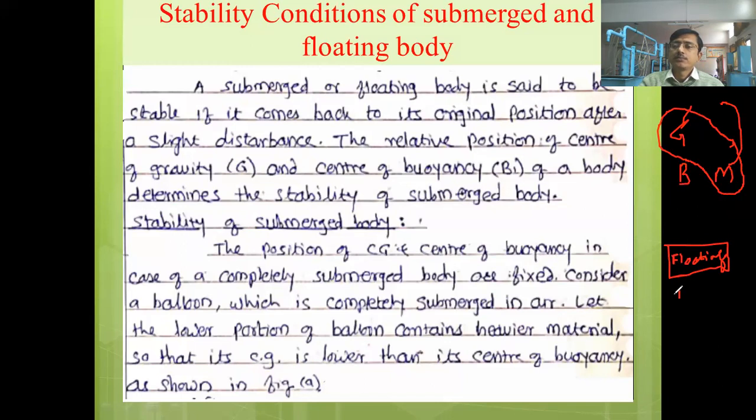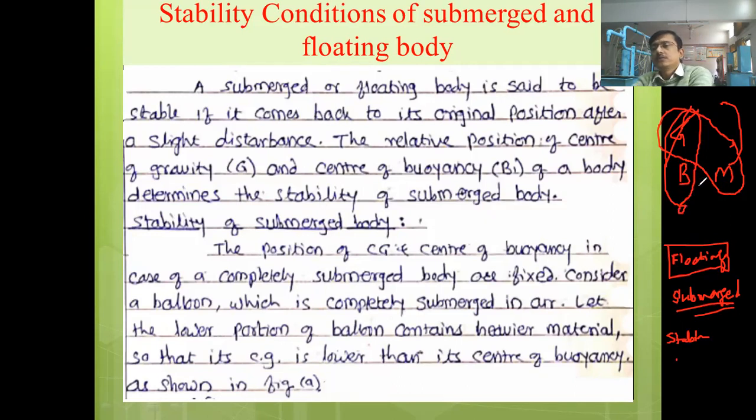If the body is completely submerged, the stability conditions of that submerged body will be known from the relative positions of Z and B. So what is the meaning of this relative position of ZB or ZM?